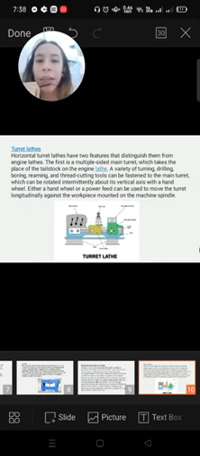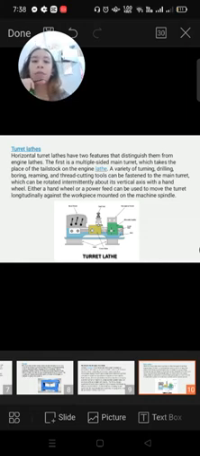The first is the multiple-sided main turret, which takes the place of the tailstock of the engine lathe. A variety of turning, drilling, boring, reaming, and thread cutting tools can be fastened to the main turret, which can be rotated intermittently about its vertical axis with a hand wheel.